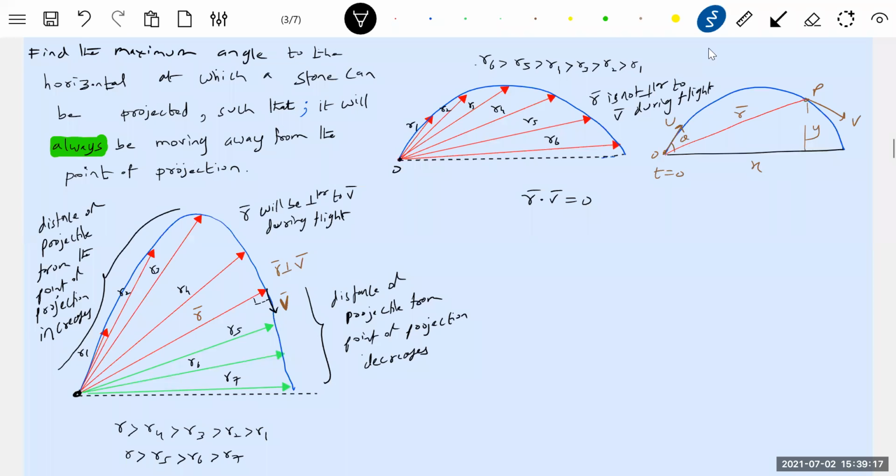So what is R bar? We'll define it as x i cap plus y j cap, dot V bar, which is u cos theta i cap plus the y component. Later on I'll expand it. It'll become equal to 0. So i dot i, based on that, x vx plus y vy equals 0, or x by y equals vy by vx.